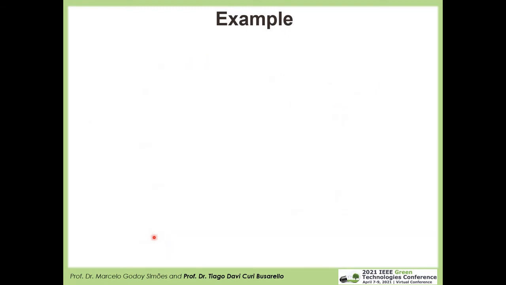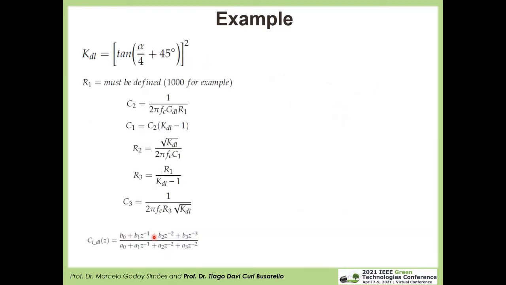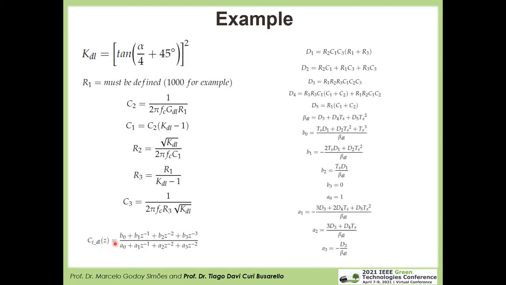The same procedure is applied for the integral double lead controller, but some parameters are different. For instance, the key factor is computed in this way, and also we have a lot of constants. Finally, we have the transfer function that describes the integral double lead digital controller, and we can compute these coefficients by these equations here.